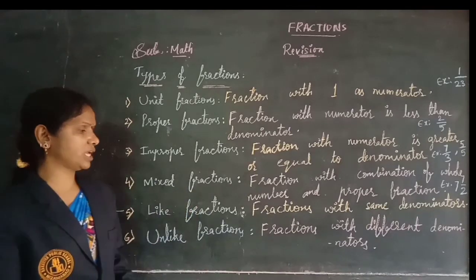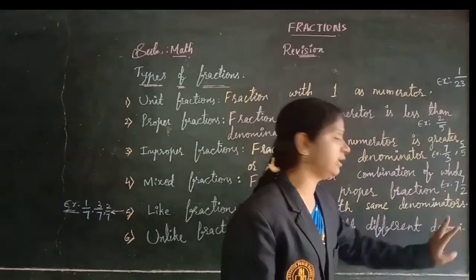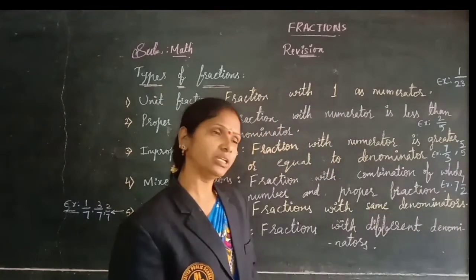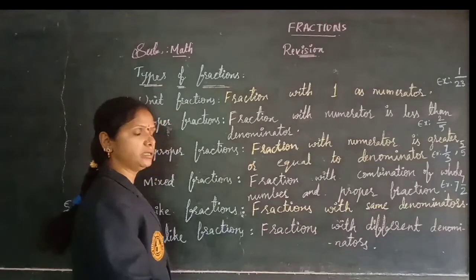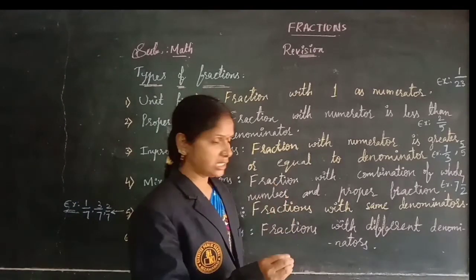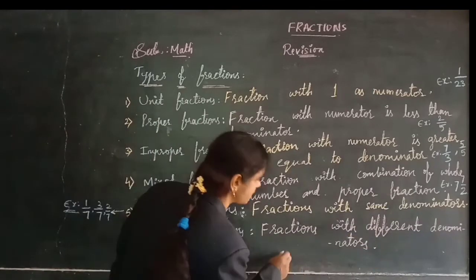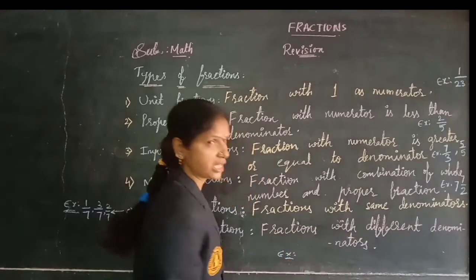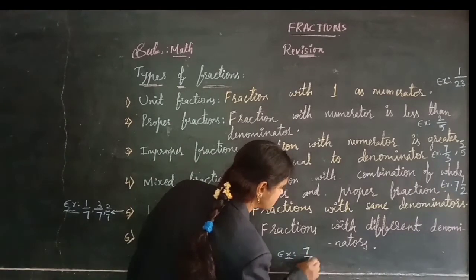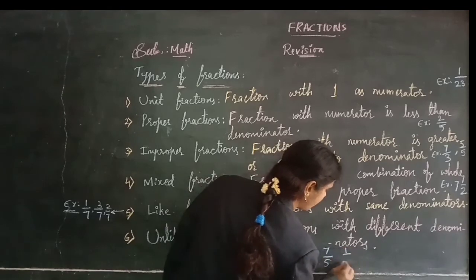Coming to unlike fractions here. Unlike fractions means fractions with different denominators. The numerators may be the same or may be different, children, but the denominators should be different. For example, here also we require a set of fractions, children: 7 by 3, 7 by 5, 1 by 9.